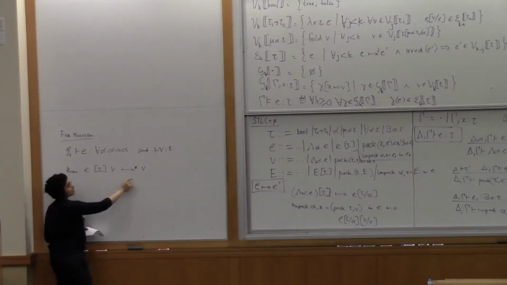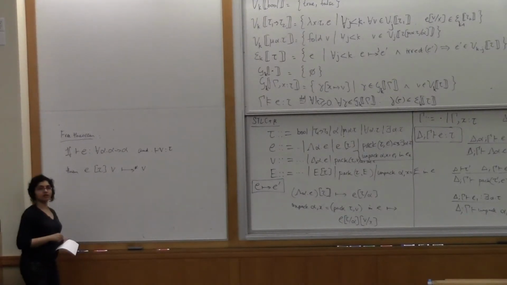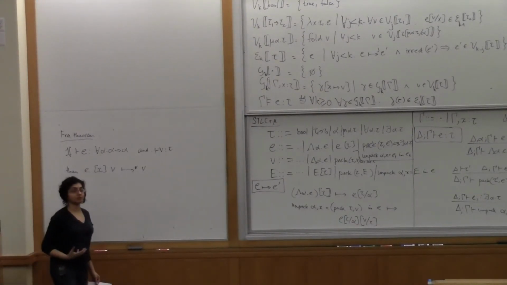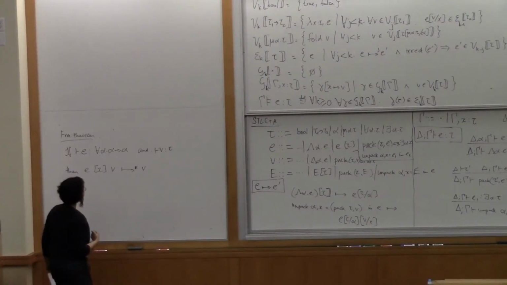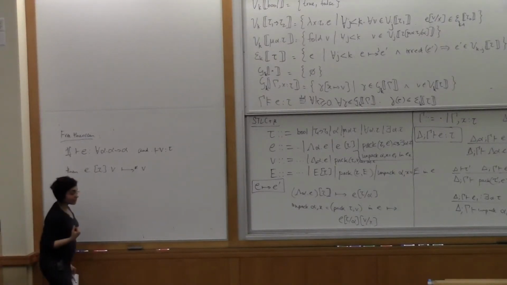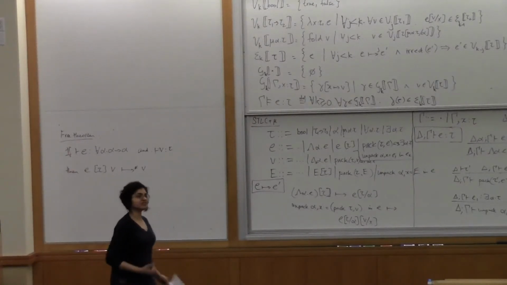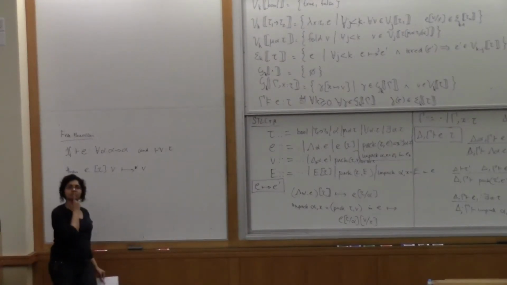So evaluating this expression will always give you back the input, right? So this is a free theorem, that E must behave like the polymorphic identity function. In a language where programs do not terminate, what sort of free theorem can we get? We can't say that this always reduces to a value V.